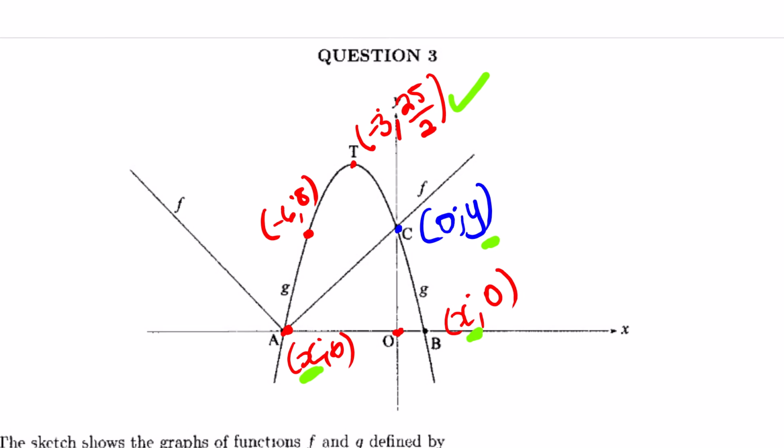For C, what you need to know is that suppose you have any point P, and you have one of its coordinates and you are looking for the other one.